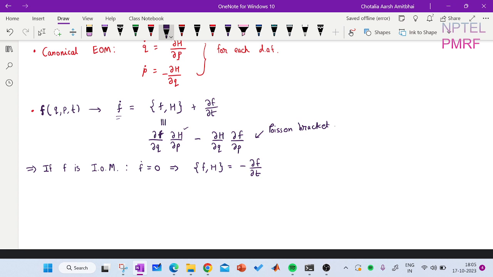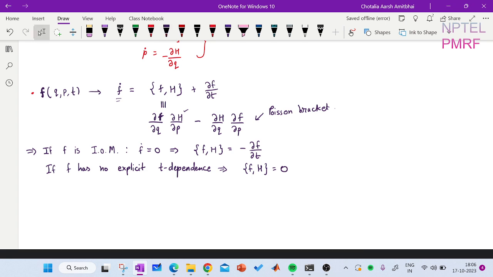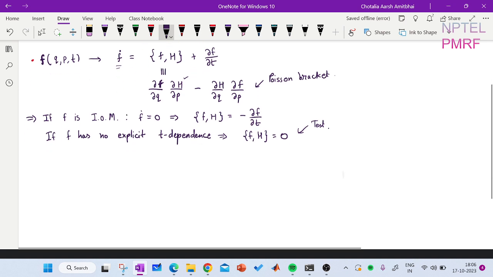And if f has no explicit t dependence, then clearly the term on the right hand side is 0. So this Poisson bracket must be equal to 0. This can be used as a test whether f is an integral of motion if it doesn't have time dependence.